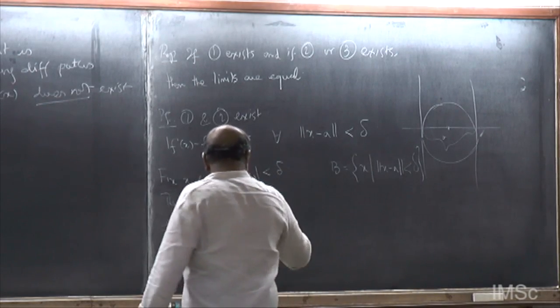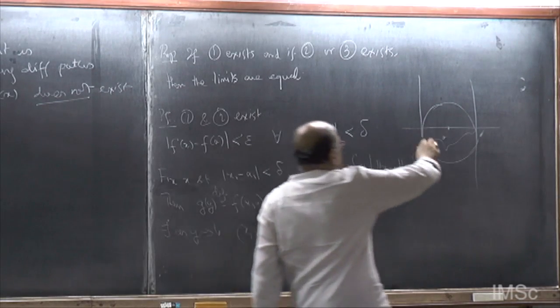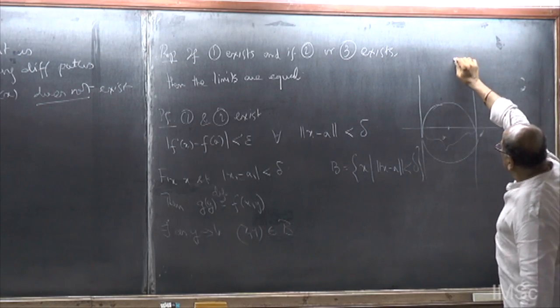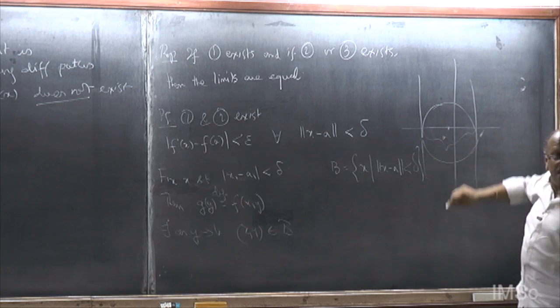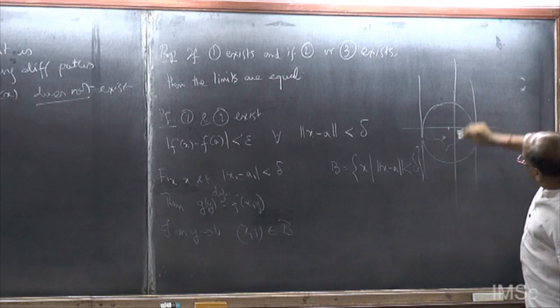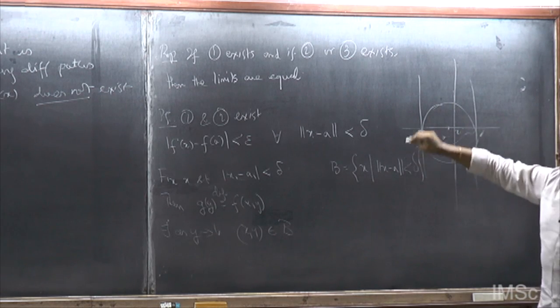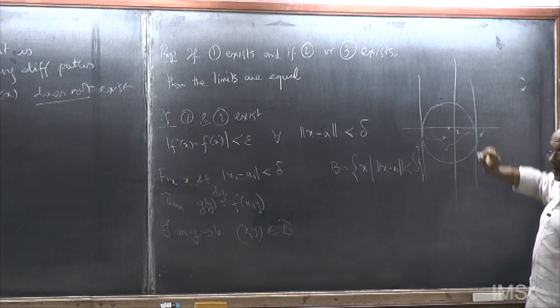So, as y approaches b, x y has to belong to this ball, because I am fixing an x somewhere here. I am moving along this line, this is x fixed. As y approaches b, either from this side or from this side, after some time it has to be inside this ball.